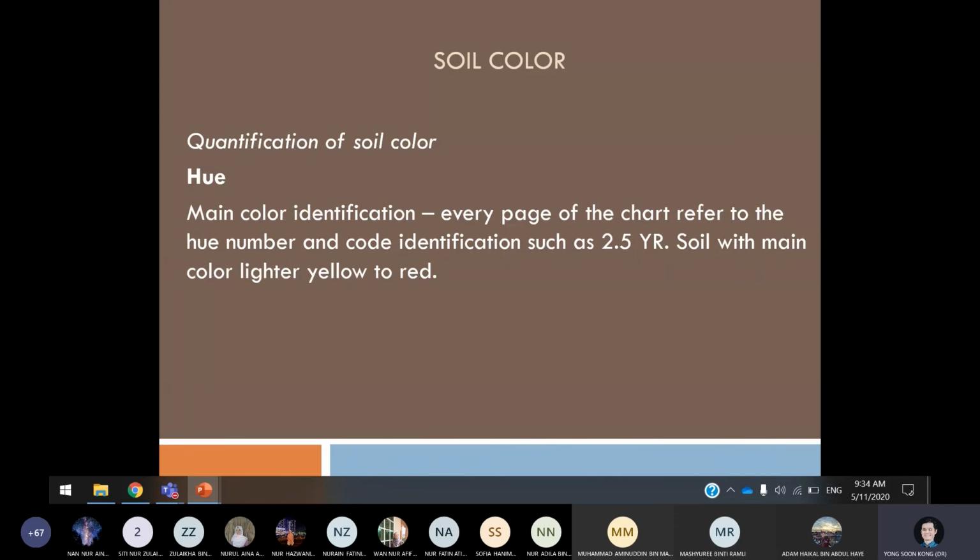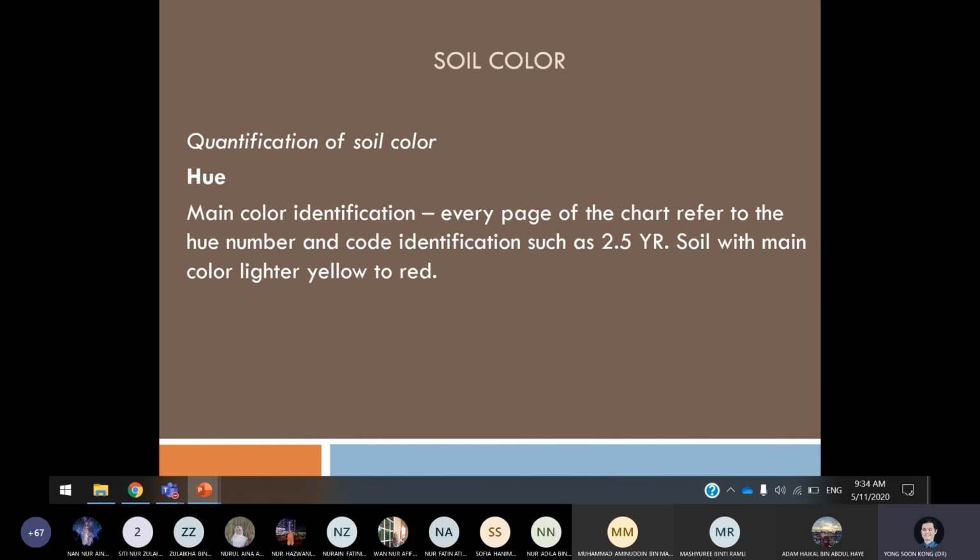On every page, there is a small part at the edge where you can see YR, or maybe some other letters. YR here means yellowish red. So 2.5, why 2.5? Maybe that is the number given to the color between red and yellow, maybe a little bit of orange. If it's more red, then probably you have a higher number. But I'm not sure if that is the case. But these are the ones that you use.